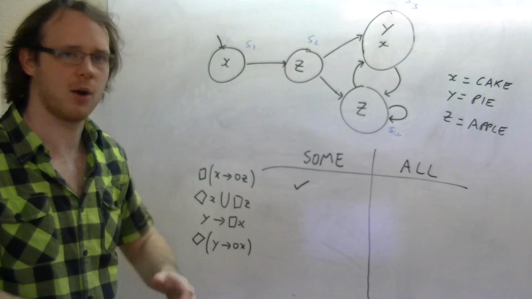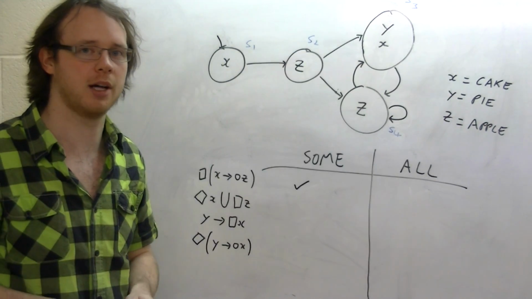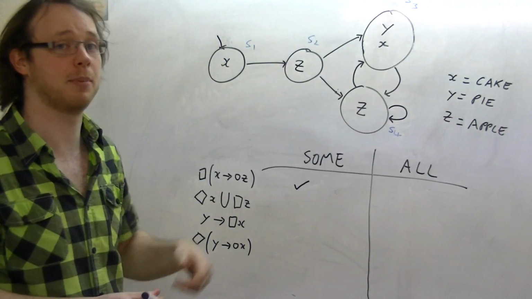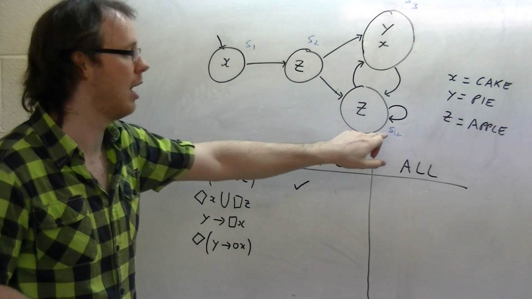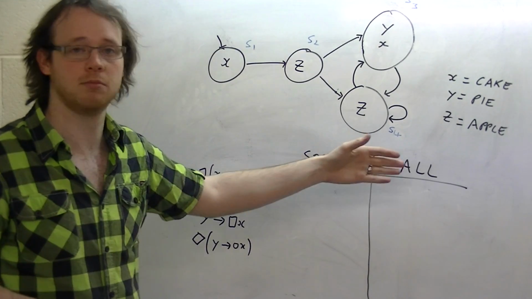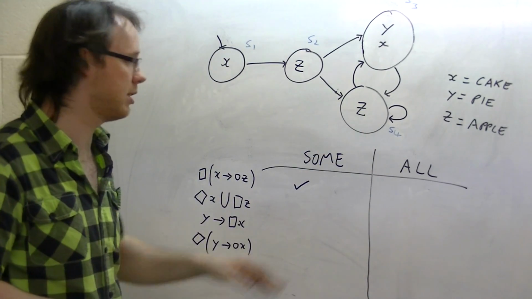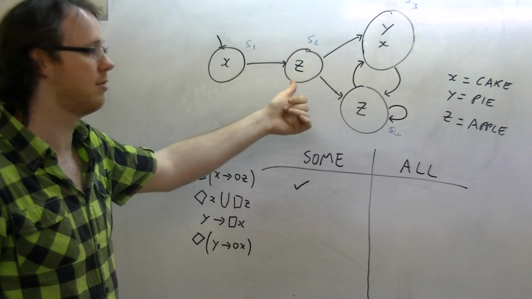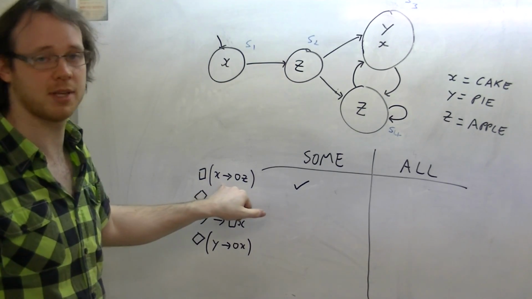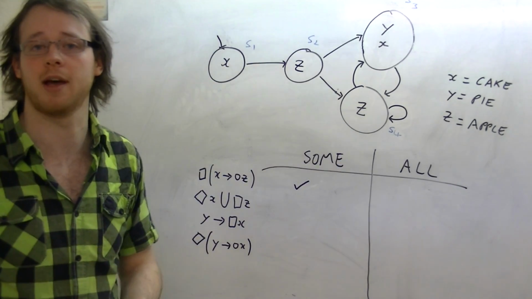Okay, so let's consider all paths. Well, there aren't many paths in this state transition diagram. The other one goes S1, S2, S4 forever. Now, does this make this true? Yes. We have X, then Z, as specified, and then X is never true again.